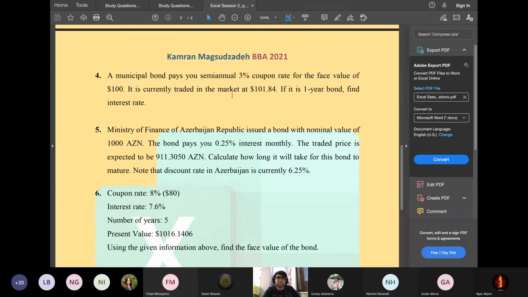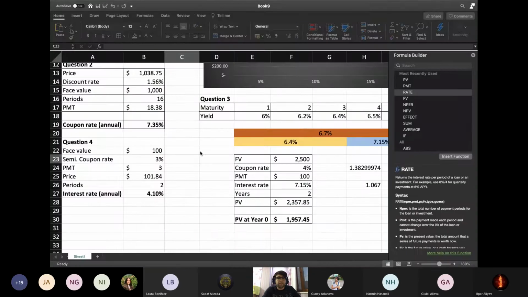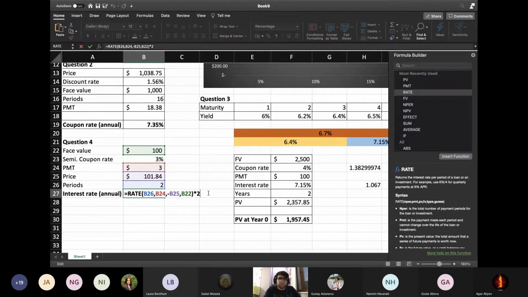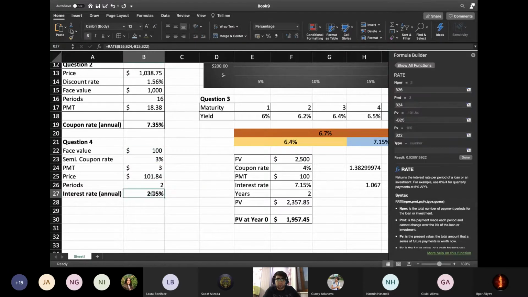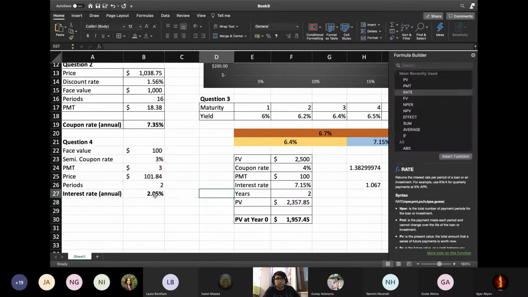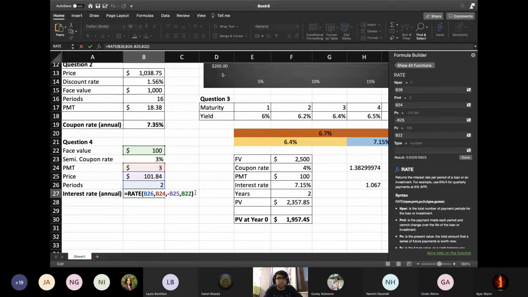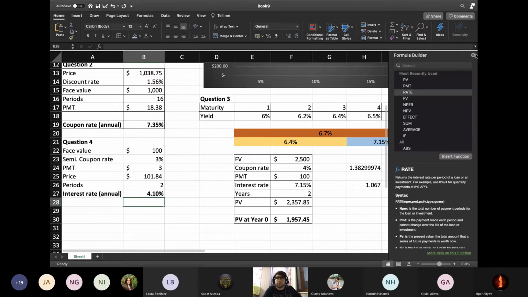They stay the same, but interest rate, coupon rate, and periods change. And it is a 1 year bond, paid semi-annually, which means we have 2 periods. And we find here 2.05%. It is semi-annual, but the question is asking for annual. In order to find annual, multiply by 2, it will give you annual.